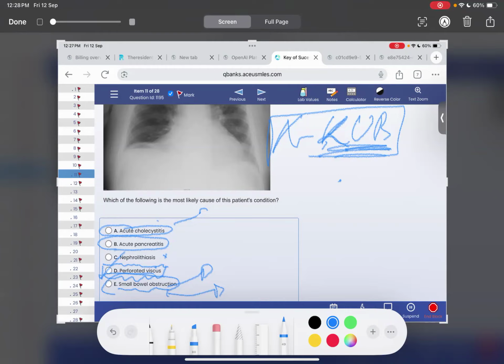Why is there a pain referring to the shoulder? It is irritating the diaphragm, and the diaphragm has innervation through the phrenic nerve, C3, C4, C5. So that leads to the shoulder pain.